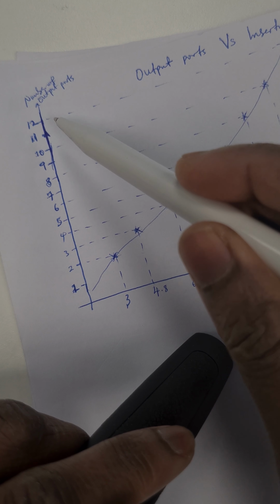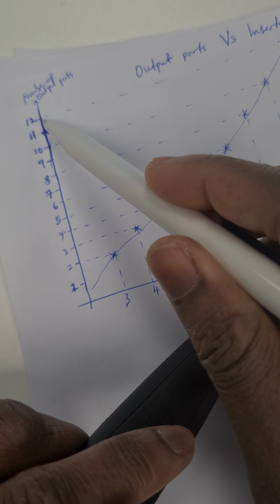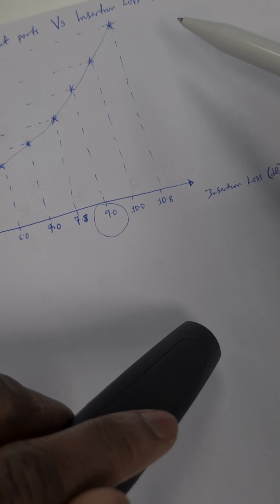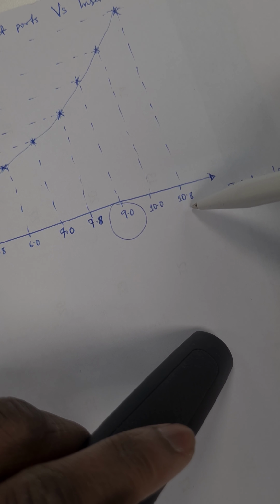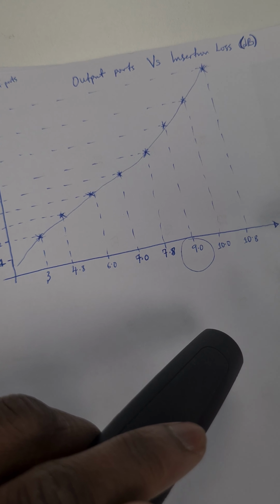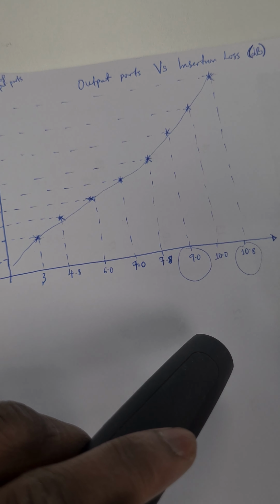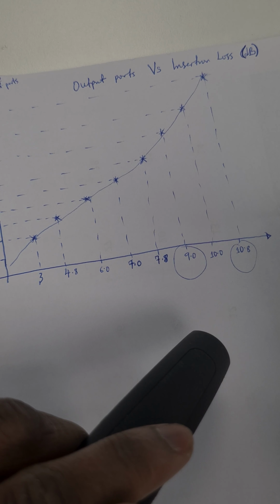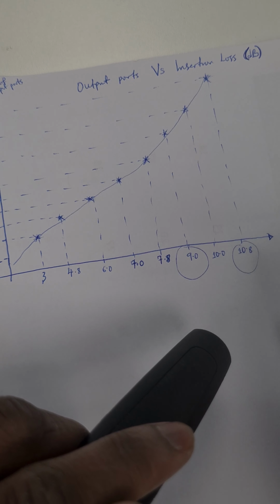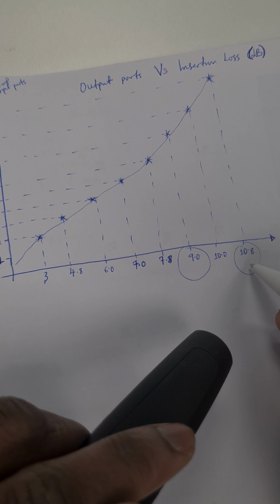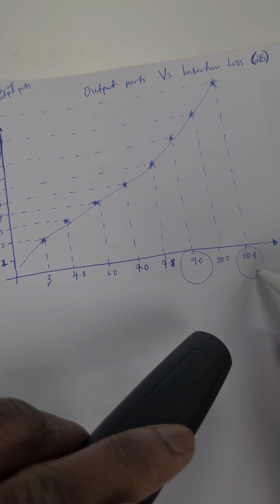In case you have 12 outputs, your insertion loss will be around 10.8 dB. You need to take note of this one, very important. Whenever you are measuring signal, you should know that you are going to lose some signal, and that should be taken into account.